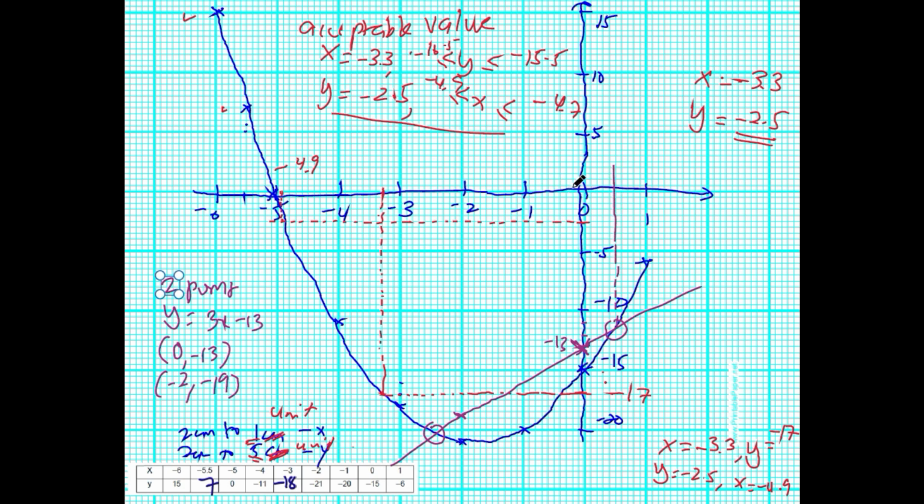So this one is 0.5. x is equal to 0.5, and here is negative 2.3. x is equal to negative 2.3.